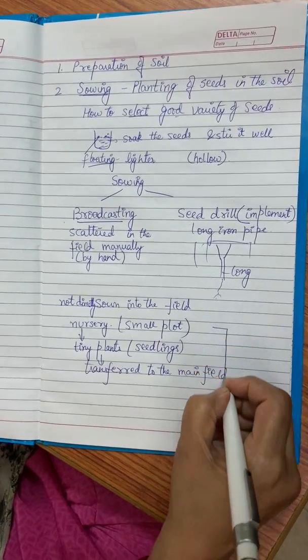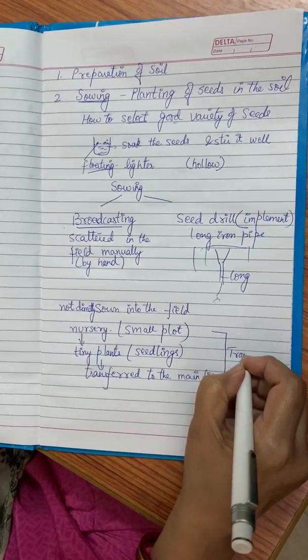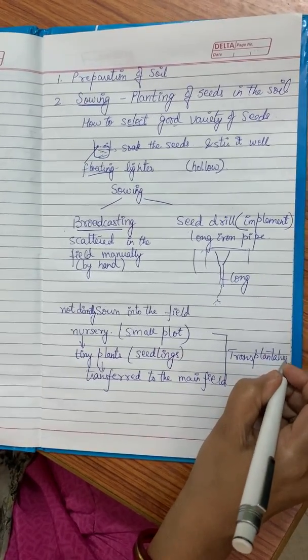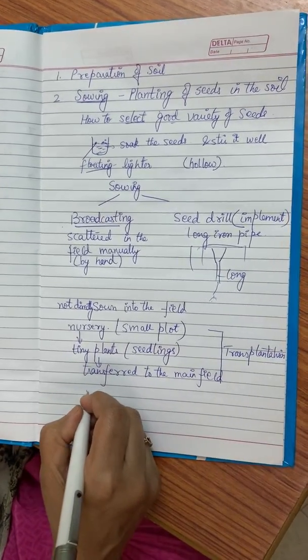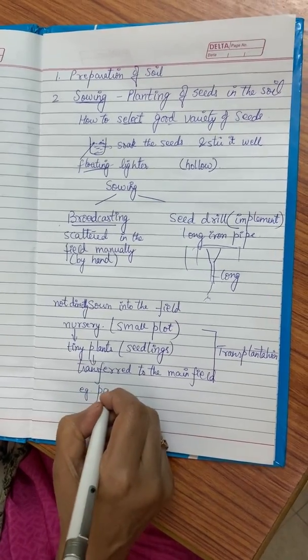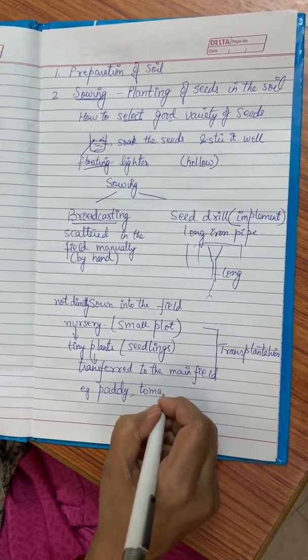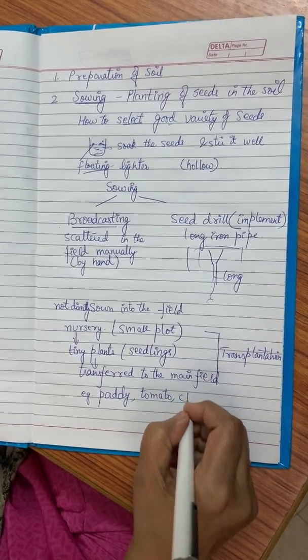This process is known as the transplantation method. It is done in the case of paddy, tomato, chilies.